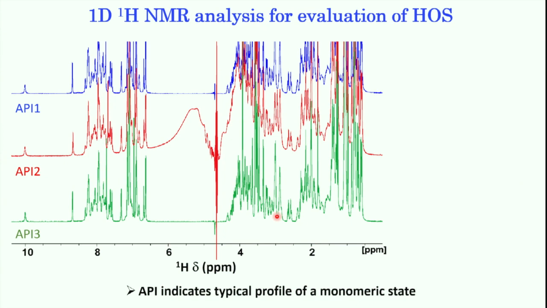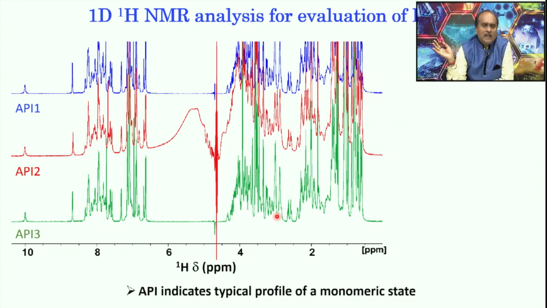Here I will show you the 3 APIs. If you look at the one dimensional proton NMR spectrum, you can see API 1, API 2, API 3, all of them match quite well. But you see there is a little bit of a hump here in API 2. That shows that although the monomeric profile of these 3 APIs, active pharmaceutical ingredients, taken as 3 batches coming from 3 different pharma companies, is very much the same, only in API 2 there is a little hump.